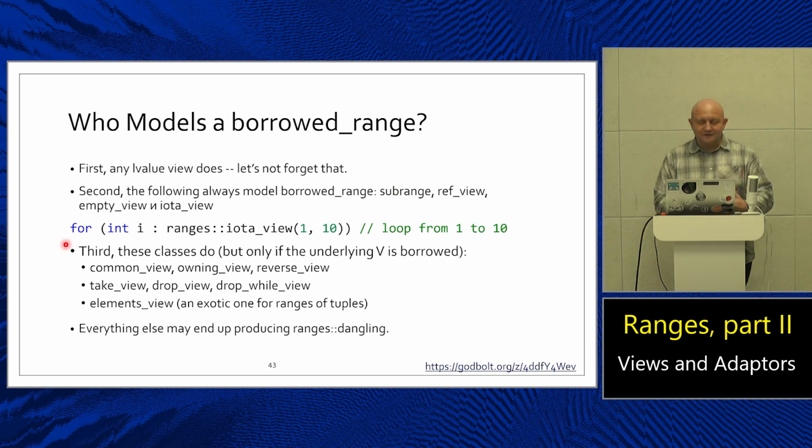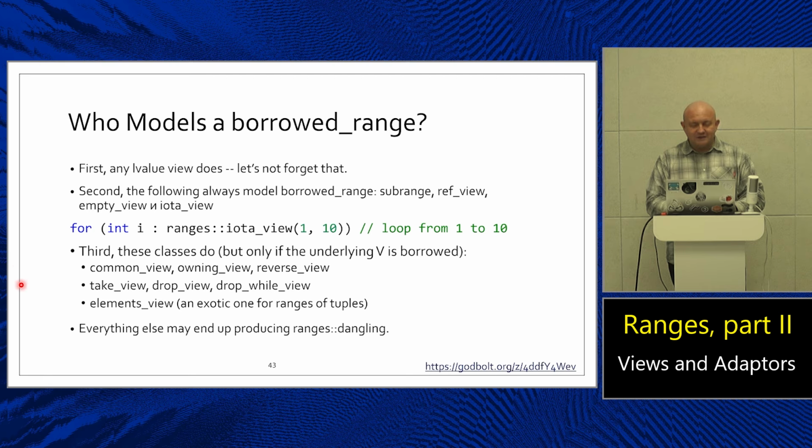And then there is a whole class of views that model borrowed range only if the underlying range is borrowed. For example, common view, you may remember it from earlier, that's one where the iterator and the sentinel have the same type. The same applies to owning view, reverse view, take view, drop while view. Anything that models borrowed range, common view on it also models borrowed range.